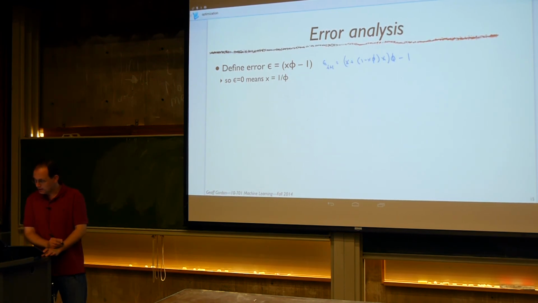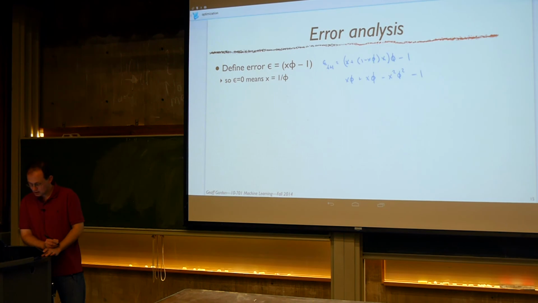And if we simplify that, let's just expand it out, right? So we'll get x phi plus 1 times x phi is x phi minus x squared phi squared minus 1, right?